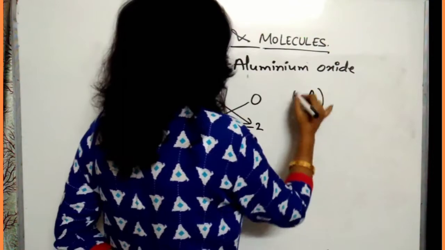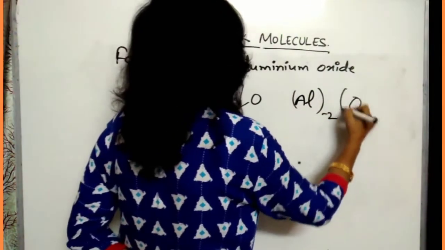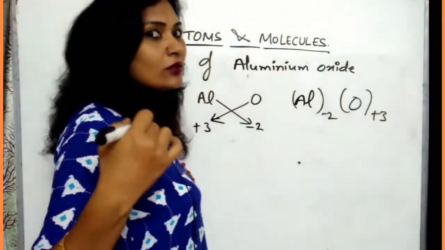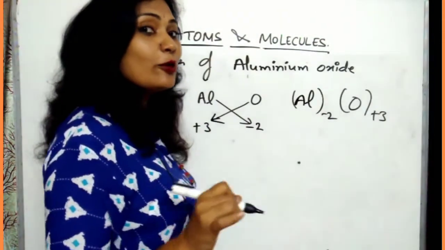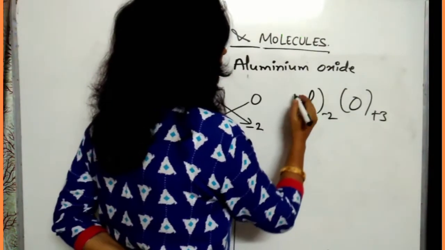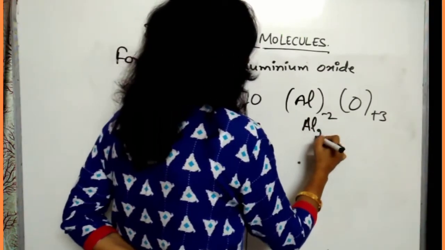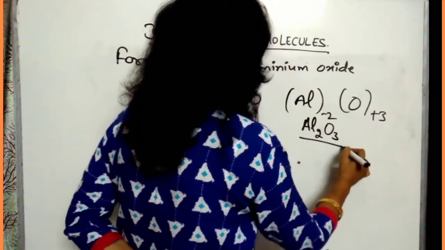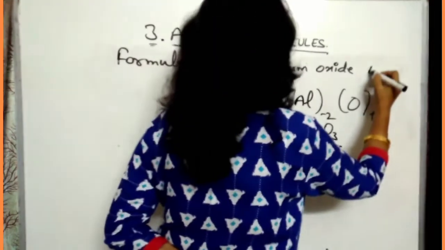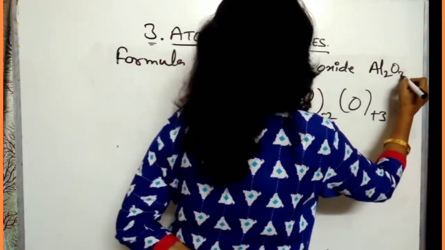Al minus 2 and O plus 3. We will take off the brackets and ignore the sign also. So we will write Al2O3. This is the formula of aluminium oxide.